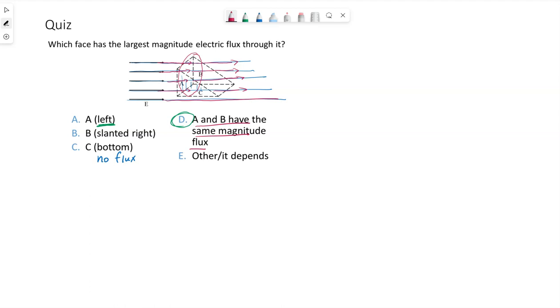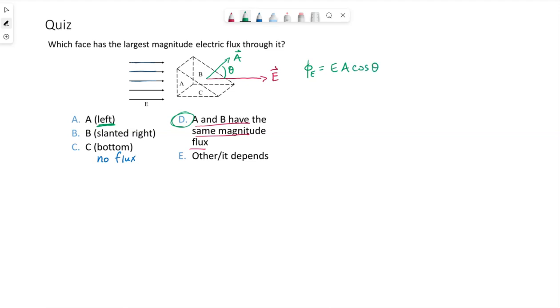Now, granted, surface B is most definitely bigger than surface A, but the electric field is horizontal, while the area vector would be normal to the surface. We would need to know this angle between the two of them to calculate the flux mathematically through that surface.